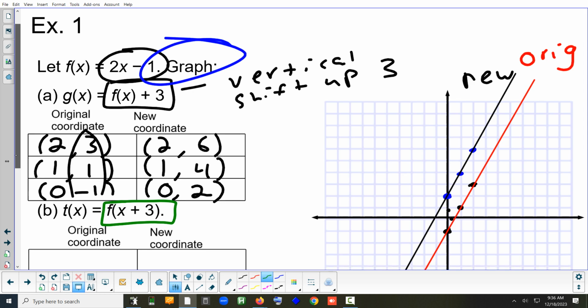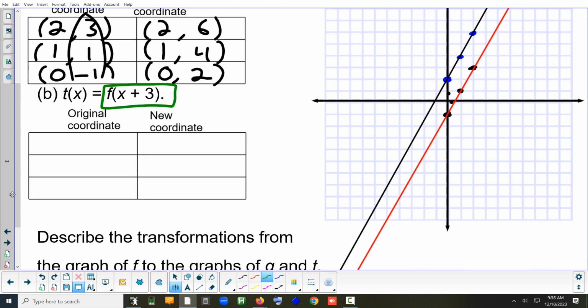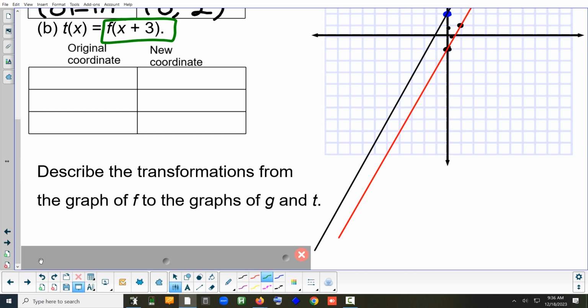All right, now let's write down, describe the transformation. When you have box 6, what does it say under the describe the transformation column? Because that's what they want you to do right here.